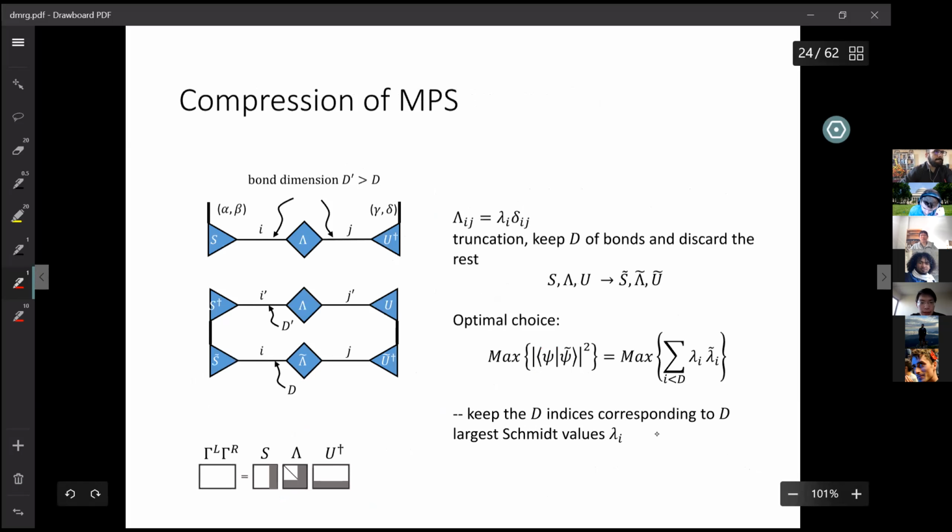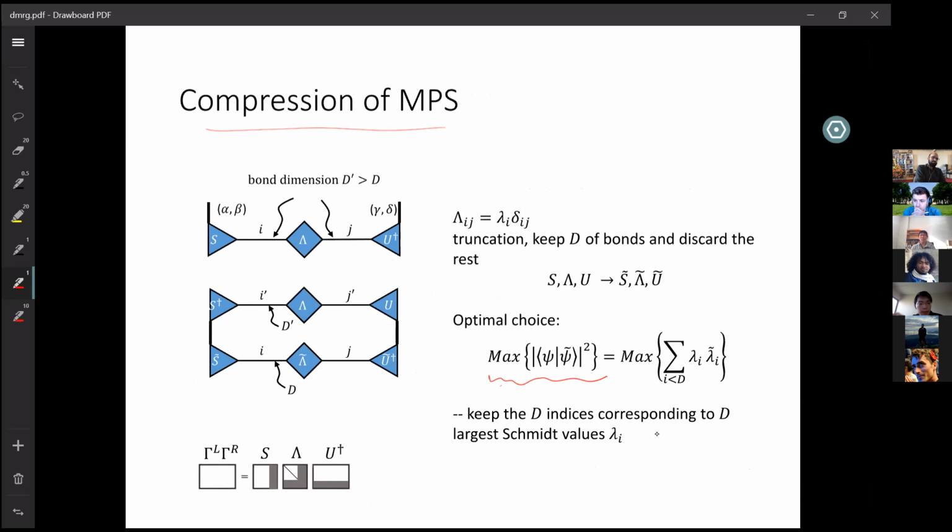With this, we can think about how to compress the matrix product state. Just a reminder, the ultimate purpose we want to achieve is to maximize this inner product between the state before and after compression, right? So we write down this expression using tensor network language.